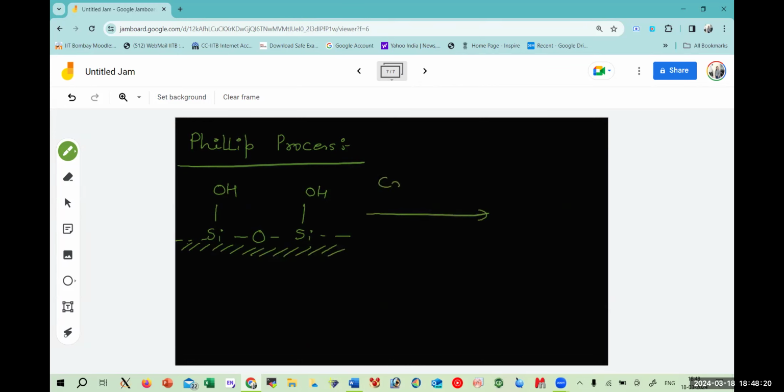Now we have chromium oxide with OH, and with the loss of water it would form this structure. This is in +6, and here it would be Cr double bond O double bond O. It is still in +6, and this maintains its support.